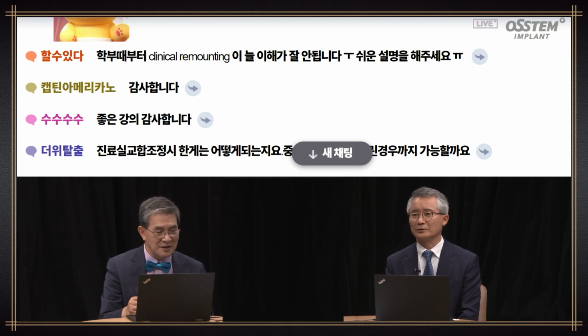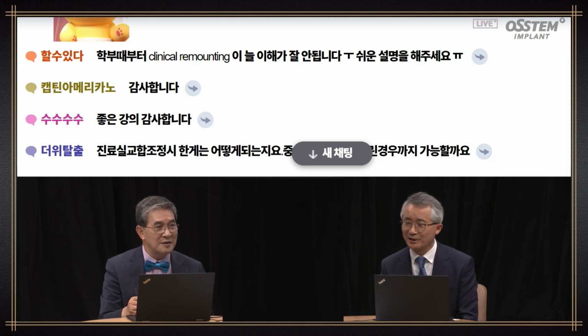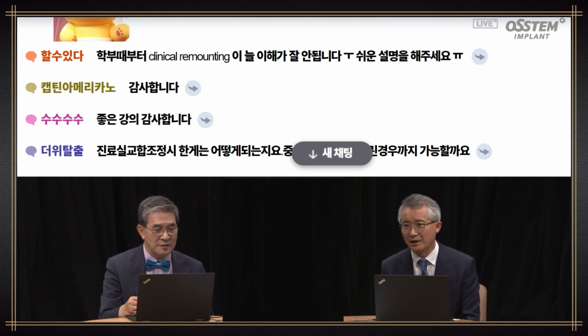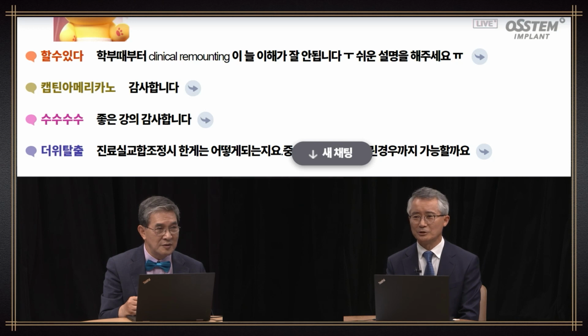As with everything else, the first time is the most tricky, and it's really difficult to take the first step, but please try it. Please refer to your textbooks or what is available and try it. If you try it, then the patient will be much more satisfied.